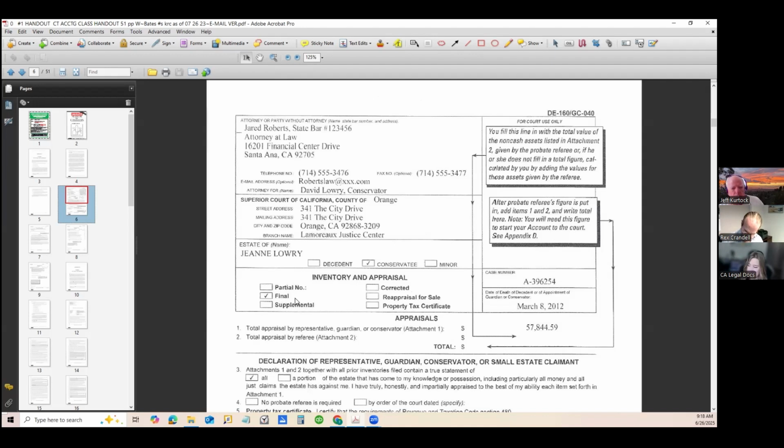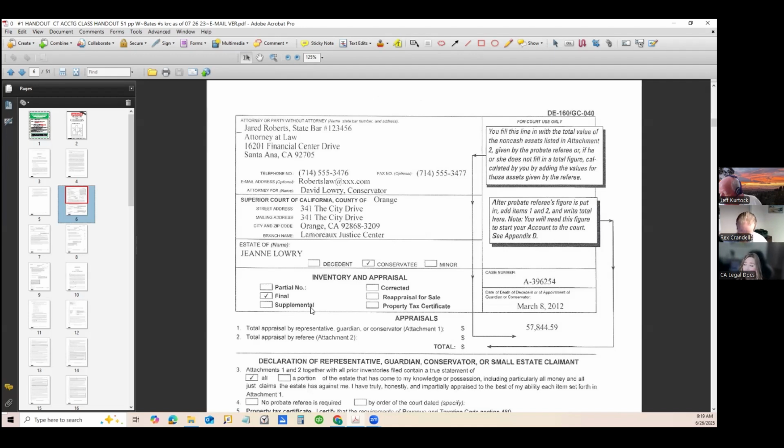I am only an LDA, so I have to be very careful that when a client comes to me and the inventory and appraisal does not appear accurate, I have to just state it doesn't appear accurate and I cannot move forward until it is corrected, things of that nature. So I'm going to go through the other things that you may see on the inventory and appraisal, like a supplement. Typically, I use the supplement box.